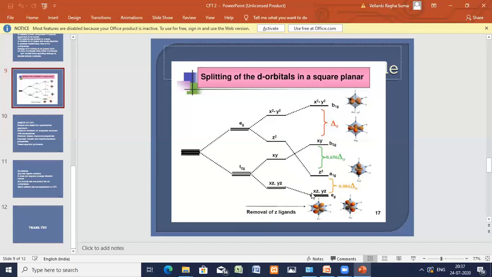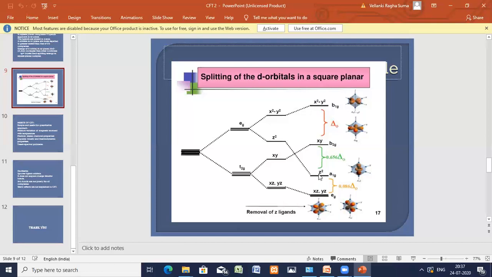So this is the energy order and the repulsion order. Very little repulsion is experienced by xz and yz, and z square, then xy has a little more energy.